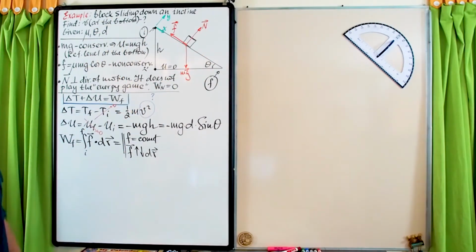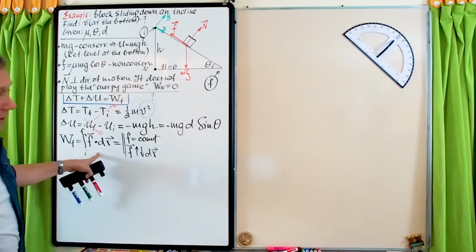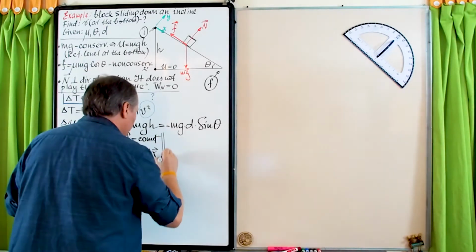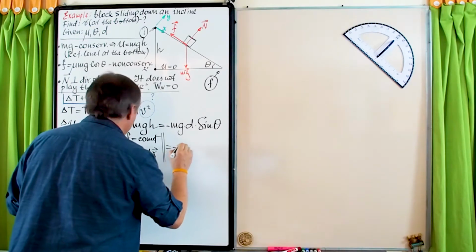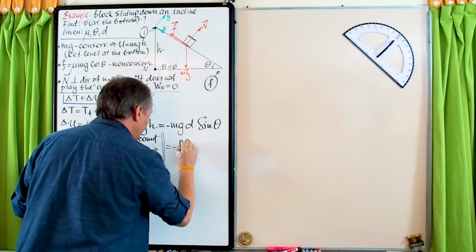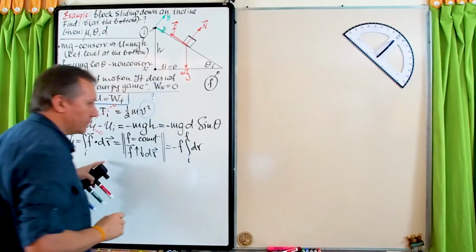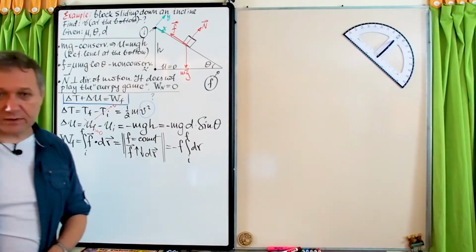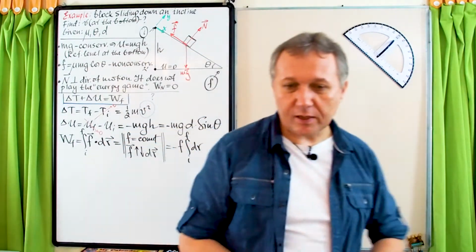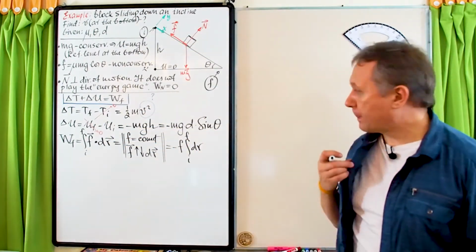So the dot product is going to give us a minus, right? And the F can be taken outside. So it will be minus F times the integral from initial to final of dr. Again, basically here it's a dx, because displacement happens in the x direction only.